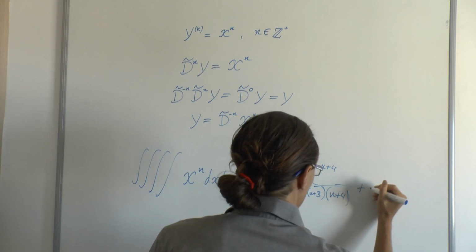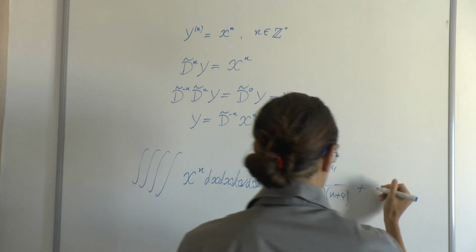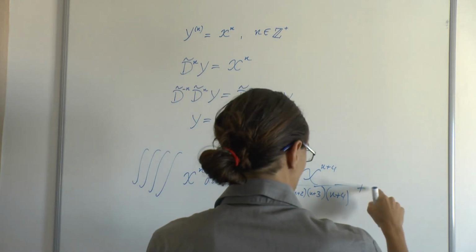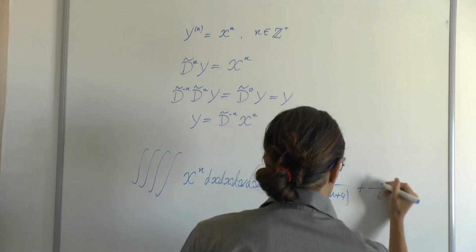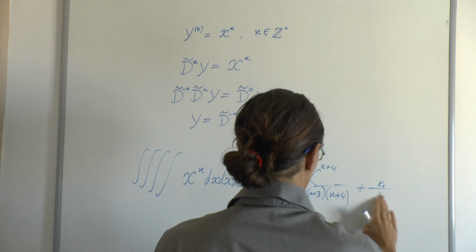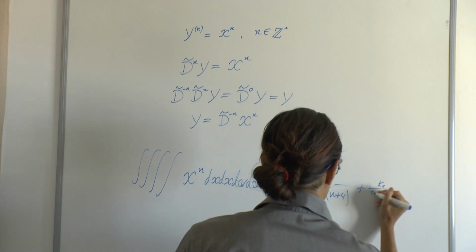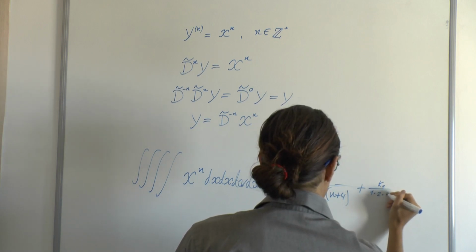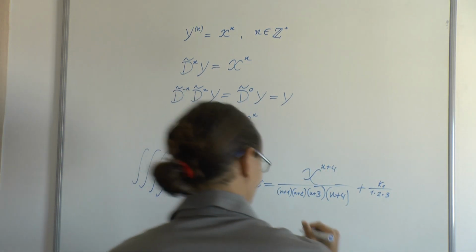And then plus, we have our k1. So now it will be k1 over 6. But what's 6? That's just 1 times 2 times 3, right?